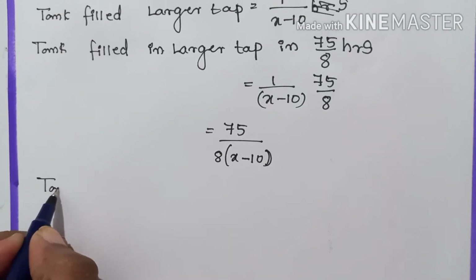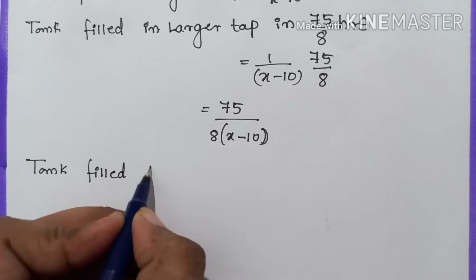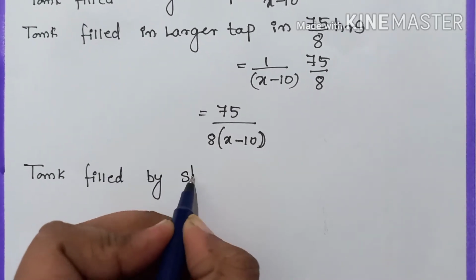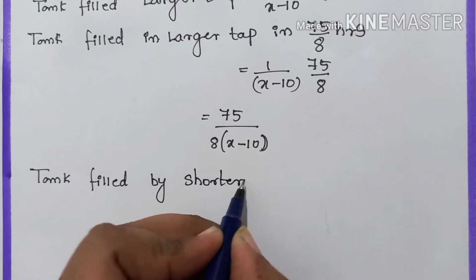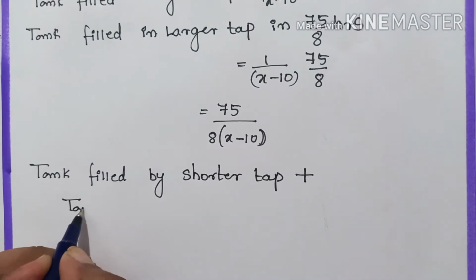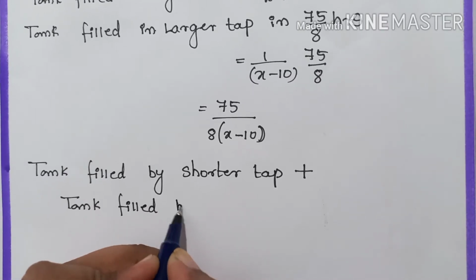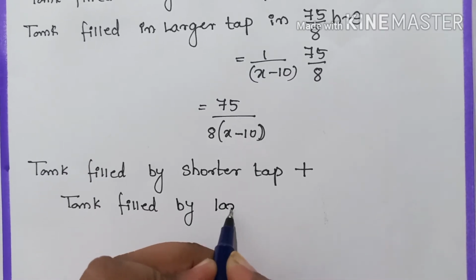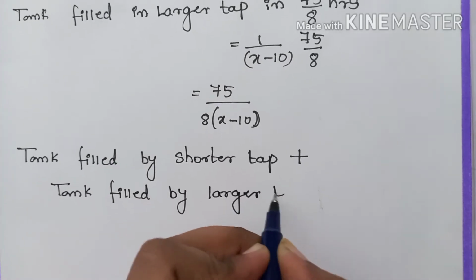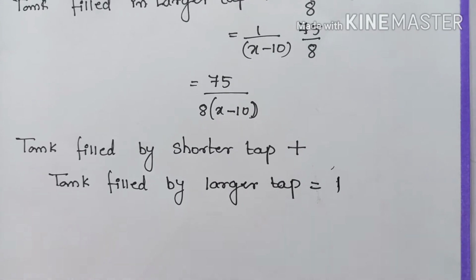Now the tank filled by the shorter tap plus the tank filled by the larger tap needs to fill only one tank, that means 1.